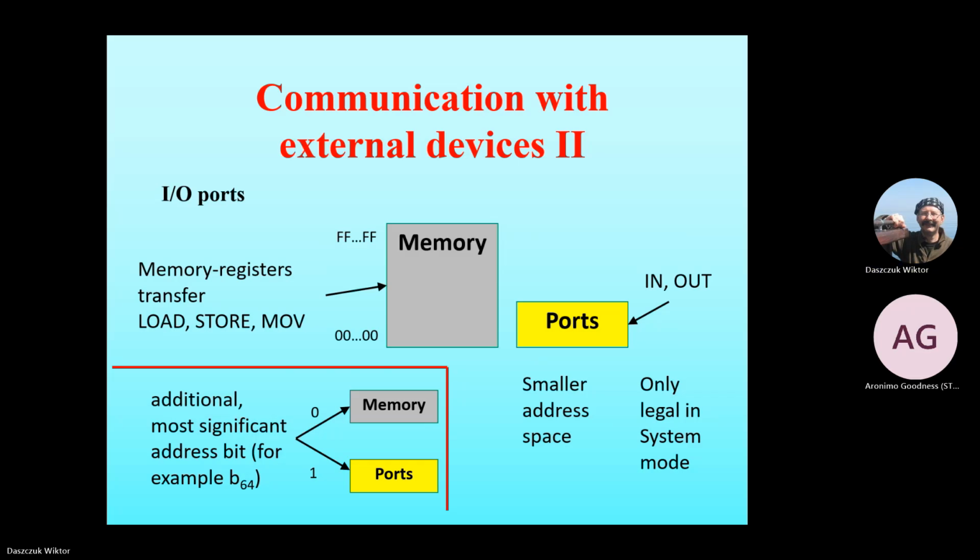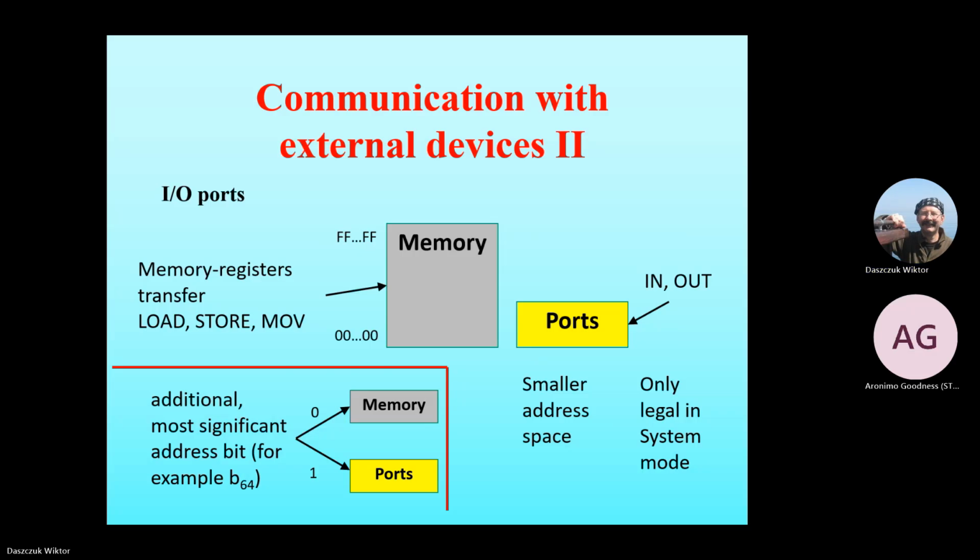This is the typical distinction of memory and ports. How is it done? We have a special signal from the processor, an additional address bit. If we have 64 address lines, in fact, we have 65.